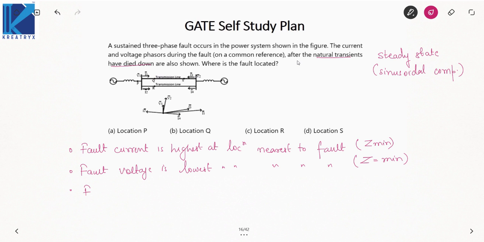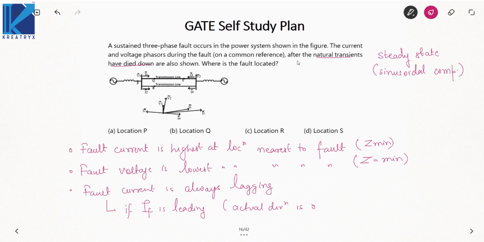Thirdly, fault current is always lagging. Fault current always lags the voltage. If IF is leading, then we can say the actual direction is opposite to the shown direction.